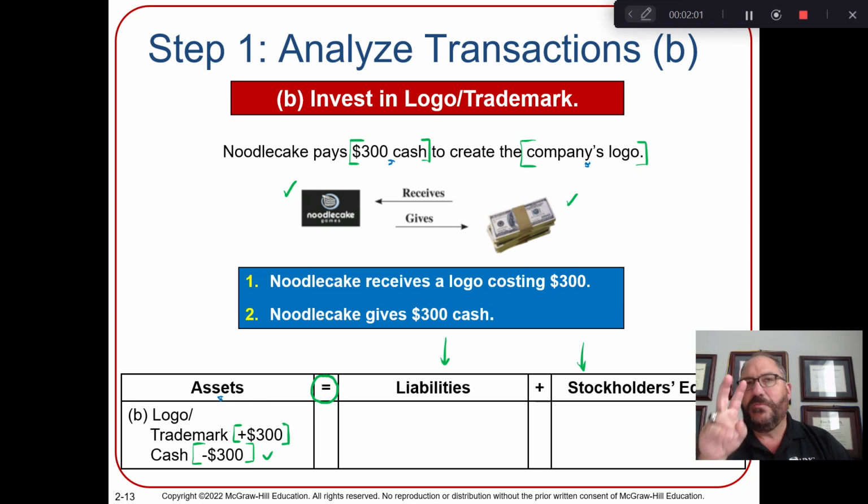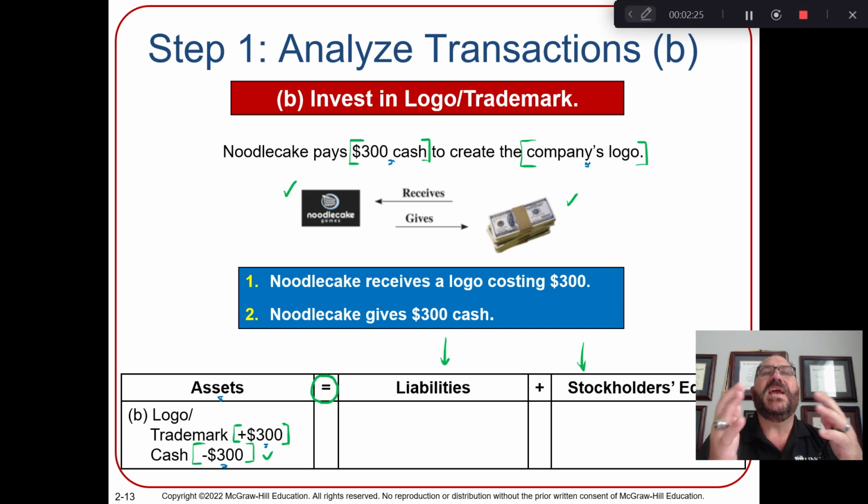In this case, remember they said there are always two impacts? Most of the time they're on both sides, but in this case, we gave up one asset, cash, to get another asset, the logo or trademark, okay? So this was just an exchange of assets, okay?